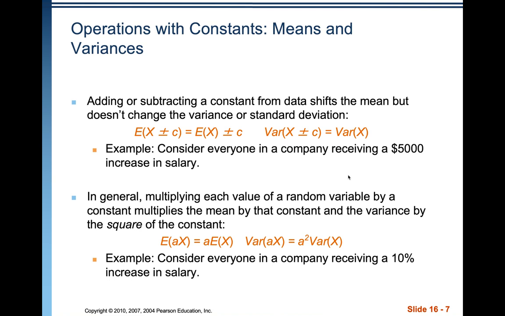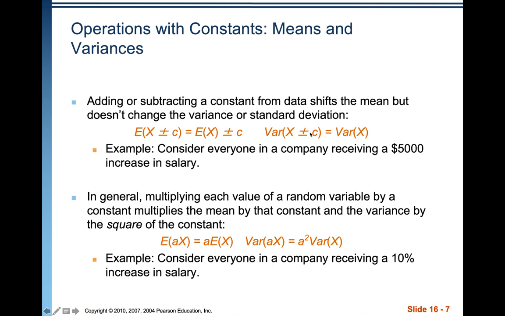If you add or subtract a constant from all the possible outcomes, your expected value is going to have that same constant added or subtracted from it. The thing is, that doesn't increase variability at all, so the variance is going to equal what it was before.